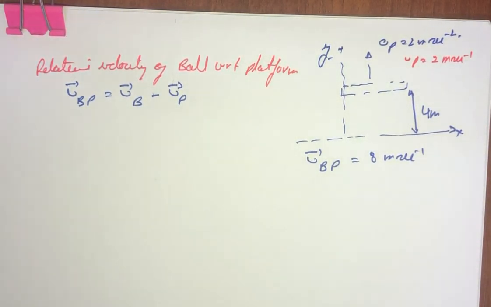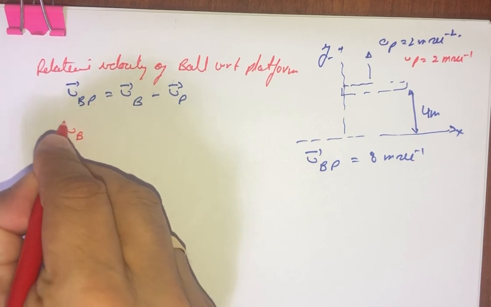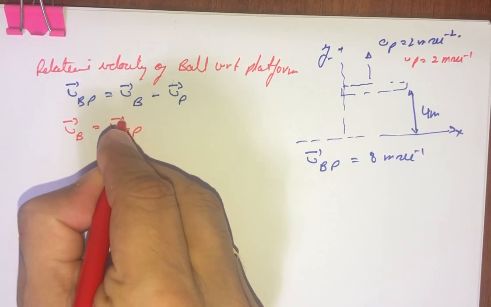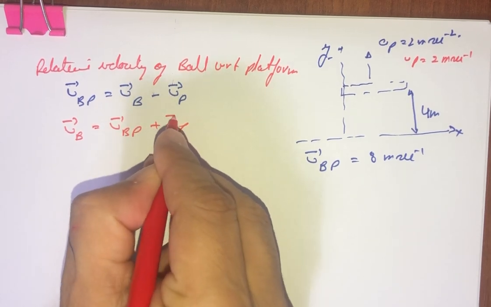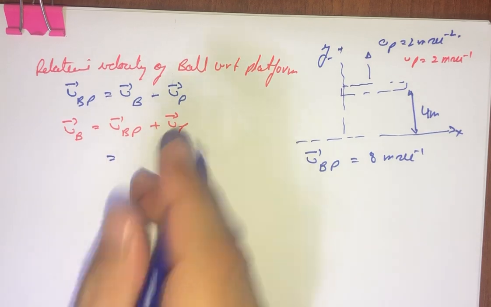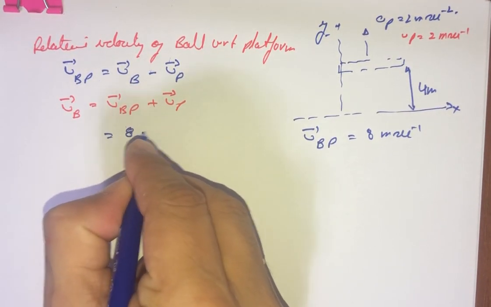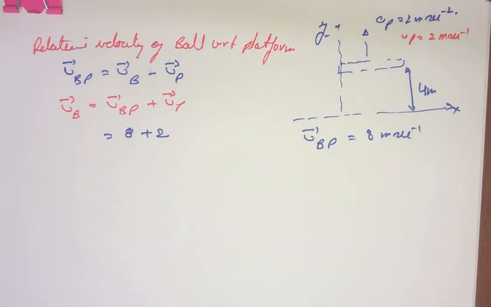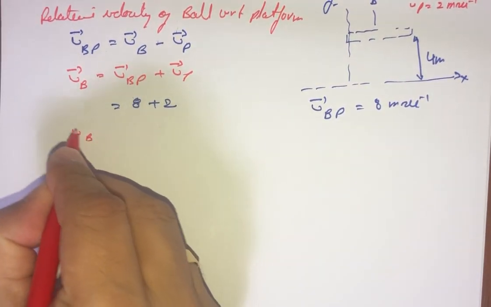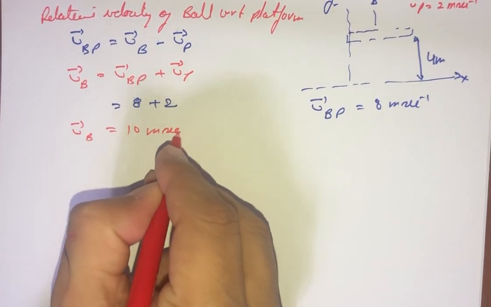From here, the velocity of the ball with respect to ground will be equal to the relative velocity plus the velocity of the platform, and we know both the values. It is 8 plus 2, so the velocity of the ball will be equal to 10 meter per second.